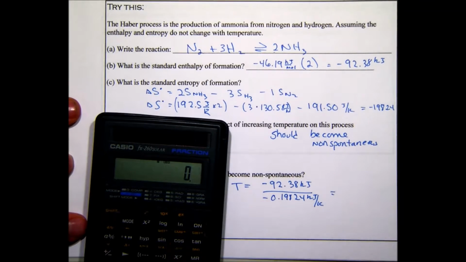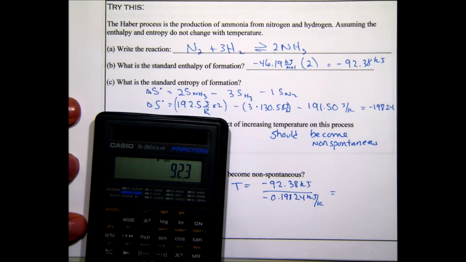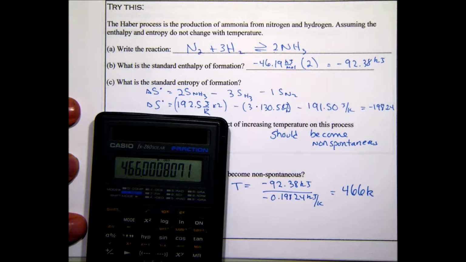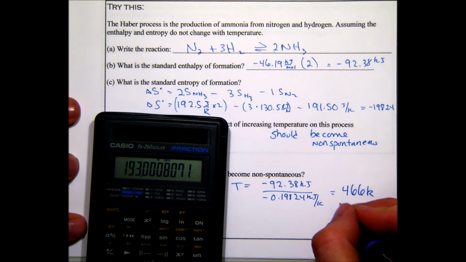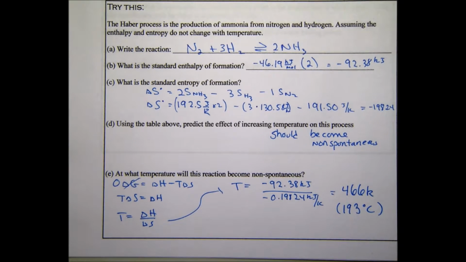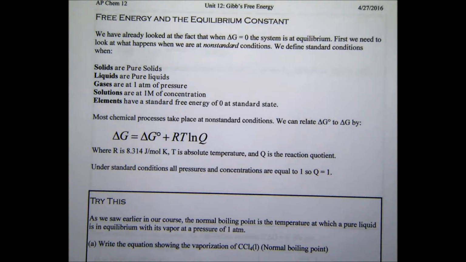We do that calculation. 92.38 divided by 0.19824 equals 466 Kelvin, or 193 degrees Celsius. This reaction will become non-spontaneous.